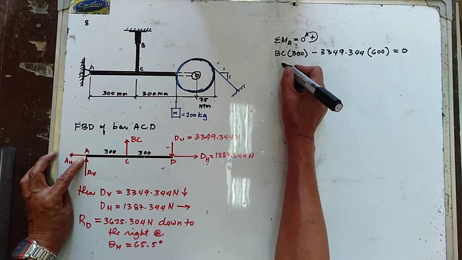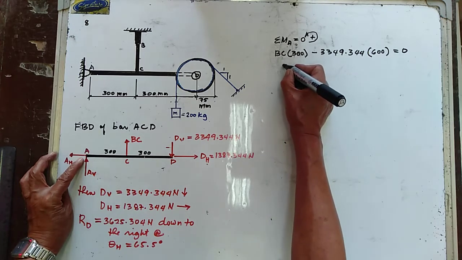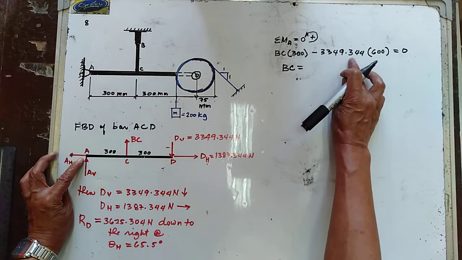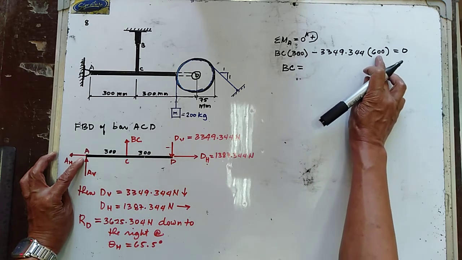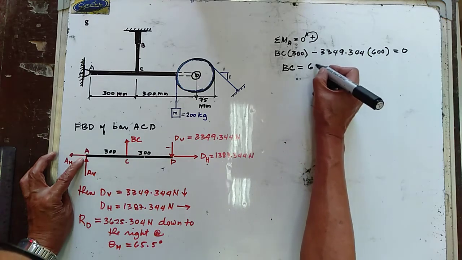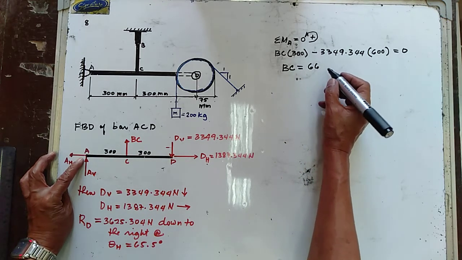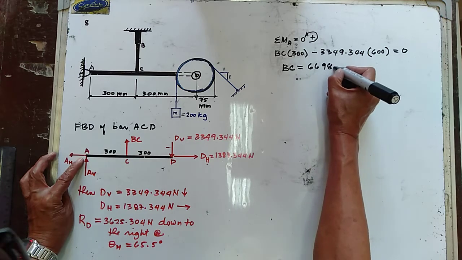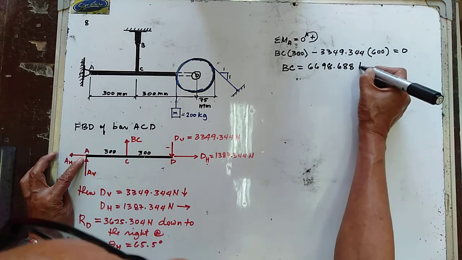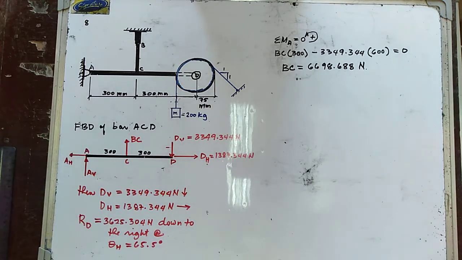Hence, your BC is equal to 3349.344 times 600 all over 300, and that is equal to 6698.688 newtons. So that is the force exerted by link BC.